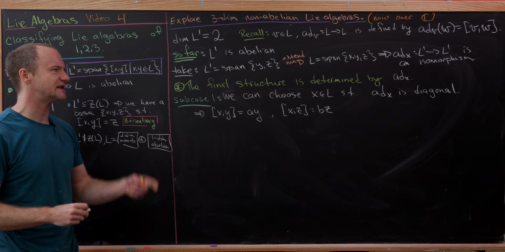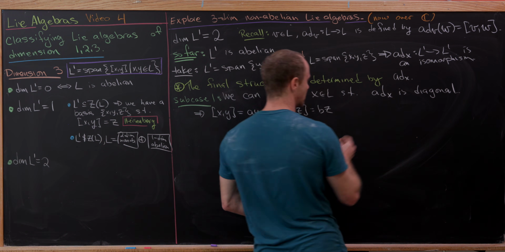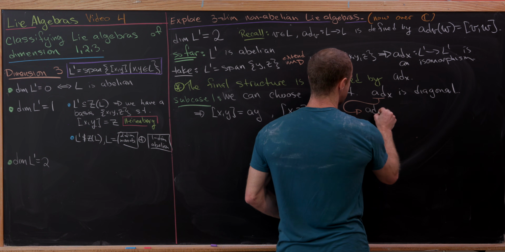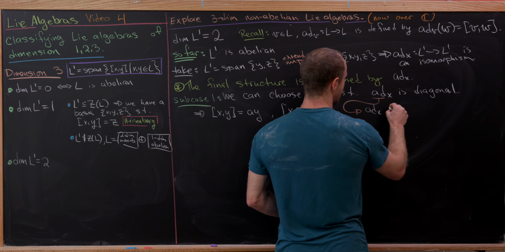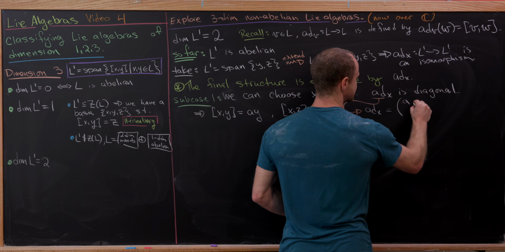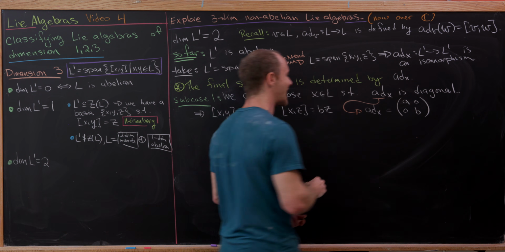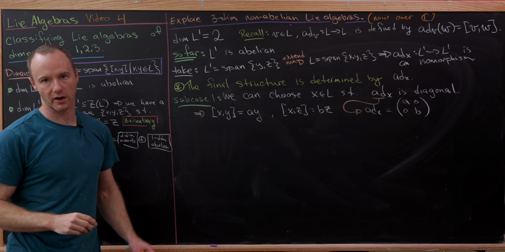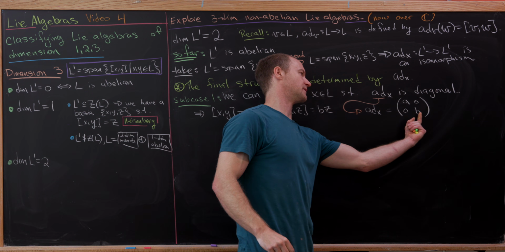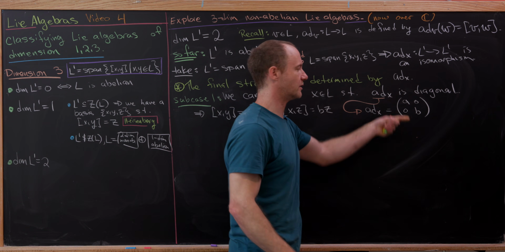So again, that's what it means for ad x to be diagonal, because if we represent ad x in the basis x, y, z, then that means that ad x has this form, a 0, 0 b, as a map from L prime to L prime. So this represents the y column, the z column, the y row, and the z row, if you will.